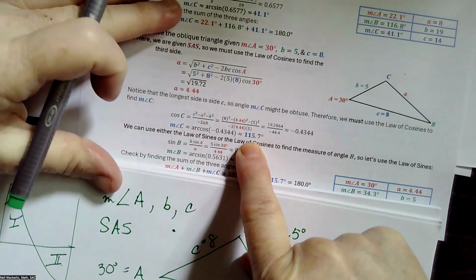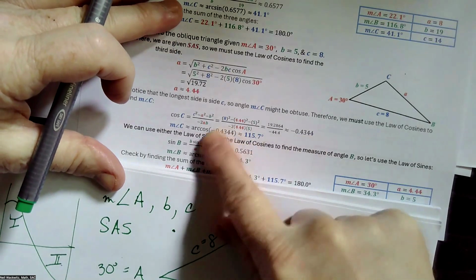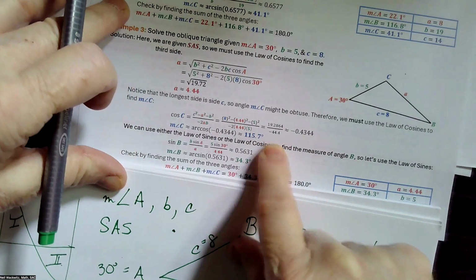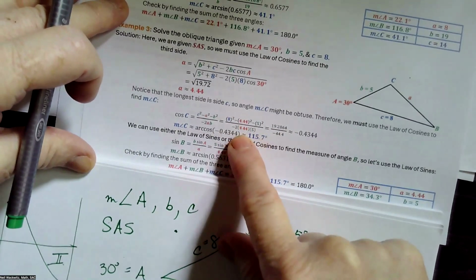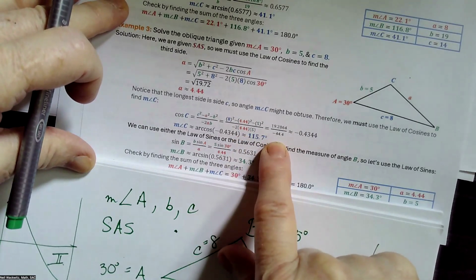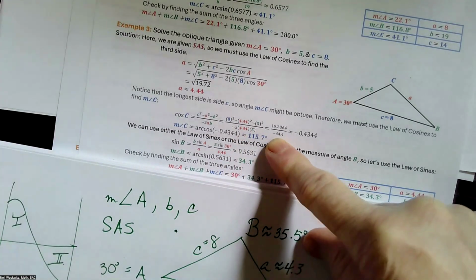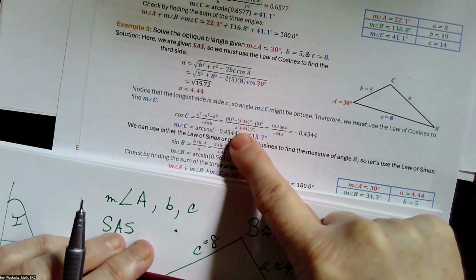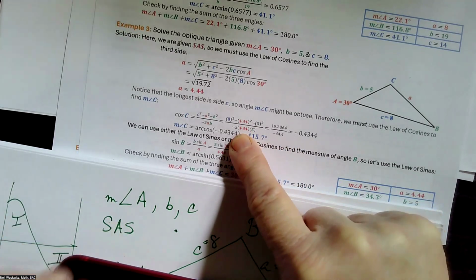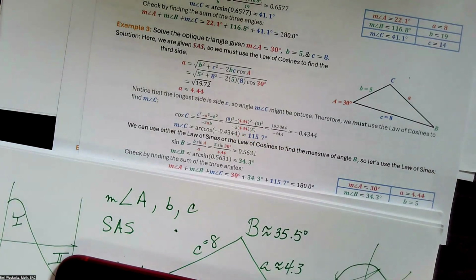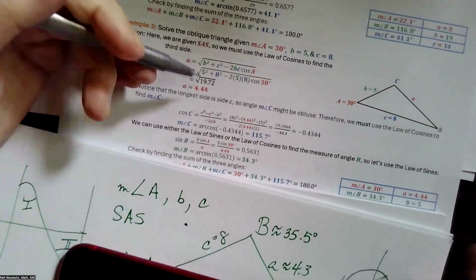Oh, I got 115.75. 4.3. Oh, I got kind of a different value for A.